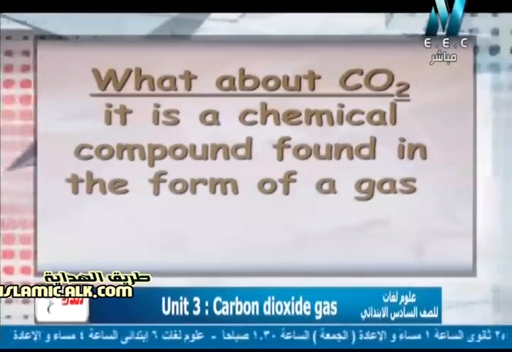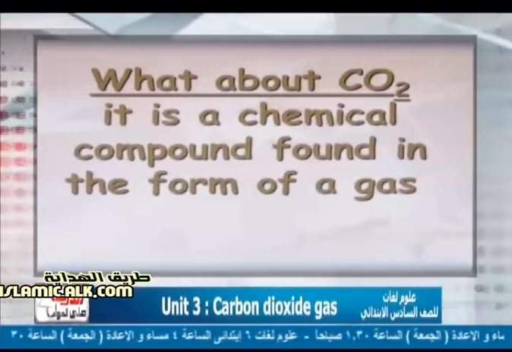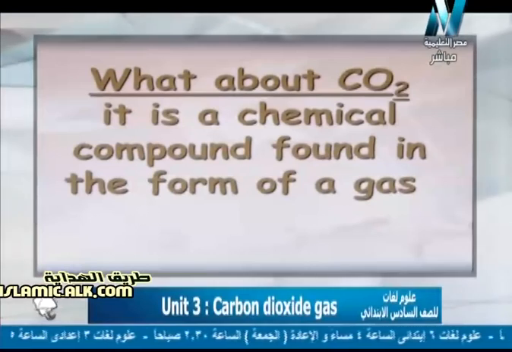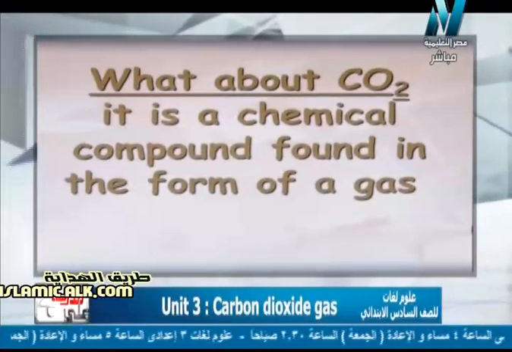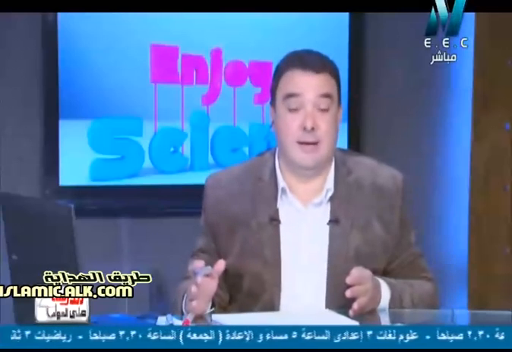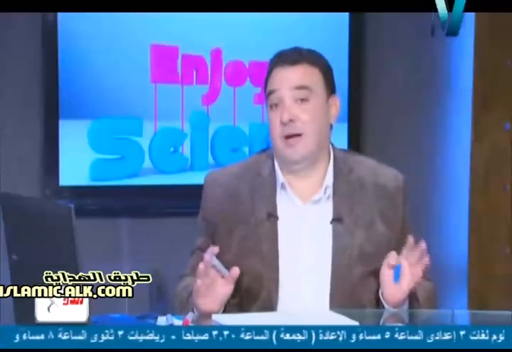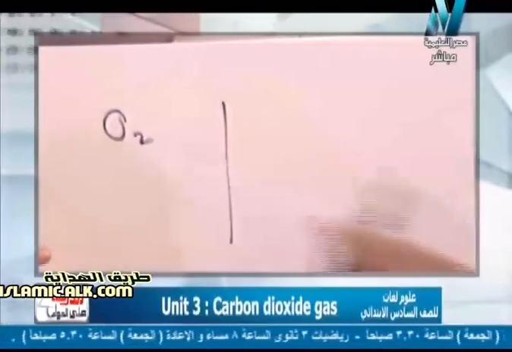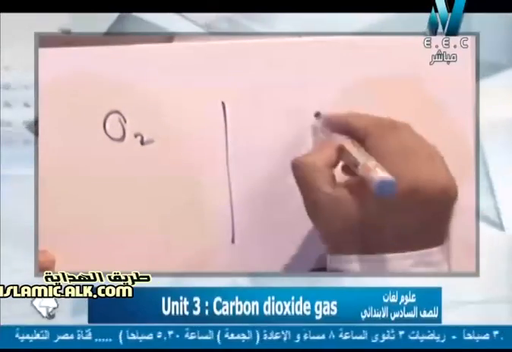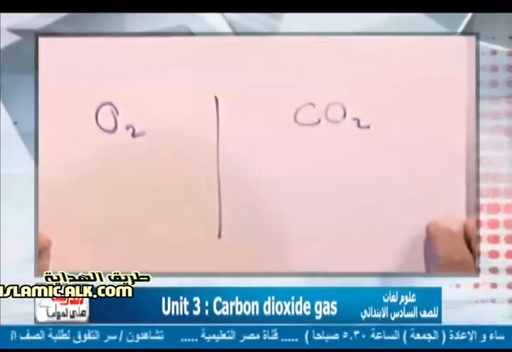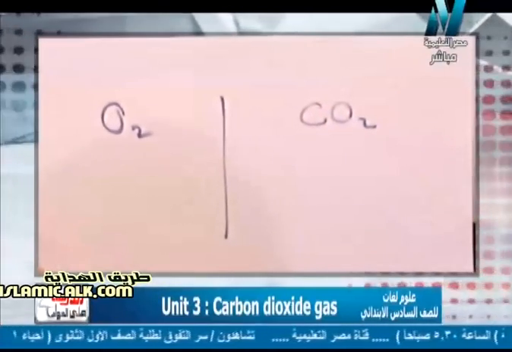طب إيه الفرق بين compound و element؟ إن شاء الله هندرس بالتفصيل في prep 1 الفرق بينهم، بس ناخد فكرة كده عنهم بسرعة. Let me explain it in details. Imagine that I have oxygen gas and carbon dioxide gas and we know the symbol of each one of them. عارفين كويس قوي رمز الأكسجين جاس O2 لكن رمز الكربون دايوكسيد جاس CO2. Okay, so again oxygen gas O2 but carbon dioxide gas is CO2.